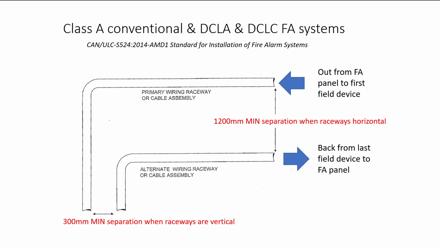Finally, Class A, conventional DCLA, and DCLC. There's a return and a supply conduit. Those two conduits have the supply and return conductors within them, and they need to be in separate conduits. We couldn't take the supply and return conductors back to a 4x4 here and then run them both in the same conduit back to the fire alarm panel.